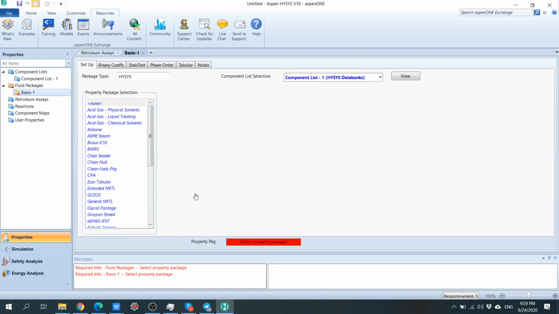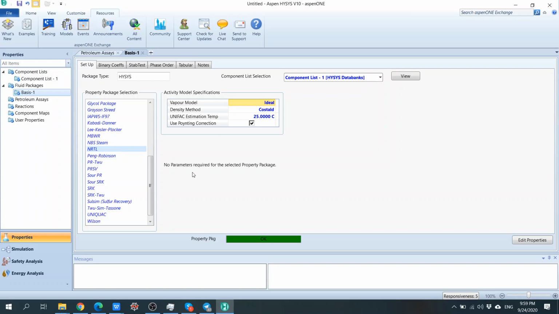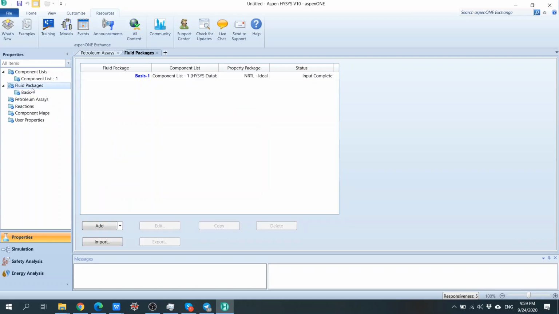We will just select some of them. Which one do you want? Any preference? So maybe we use NRTL. And then we could also add another one.